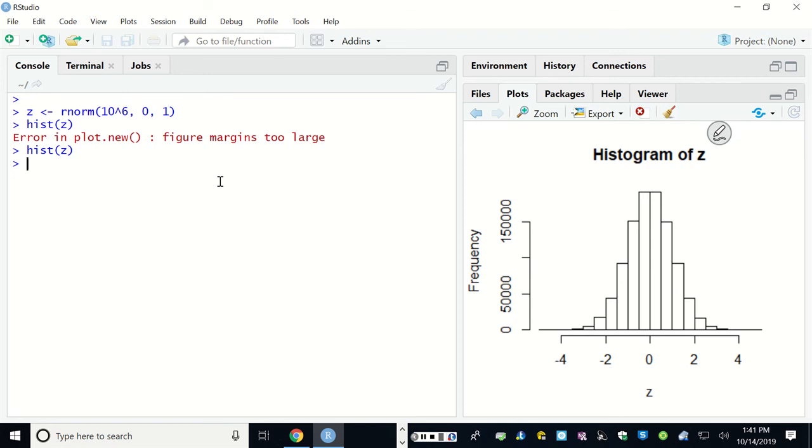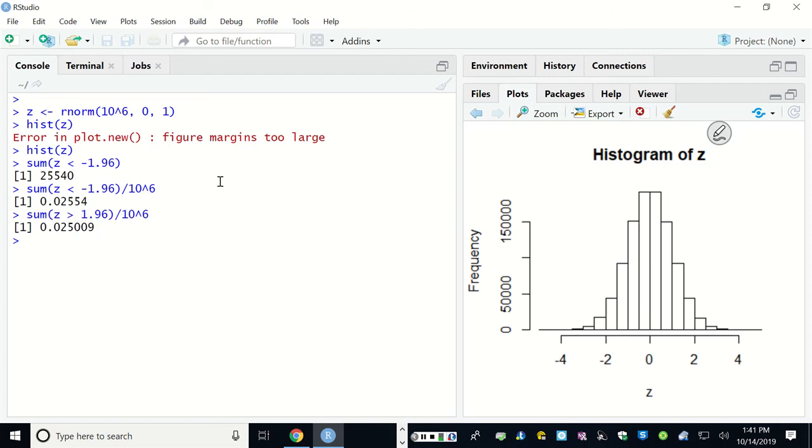And to calculate the proportion that's less than negative 1.96, how many of these z's are actually less than negative 1.96? Out of 10 to the 6th, that's about 2.5%, a little bit more in this simulation. How many are bigger than 1.96?